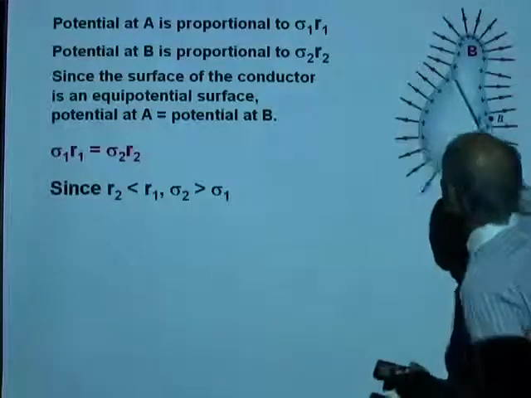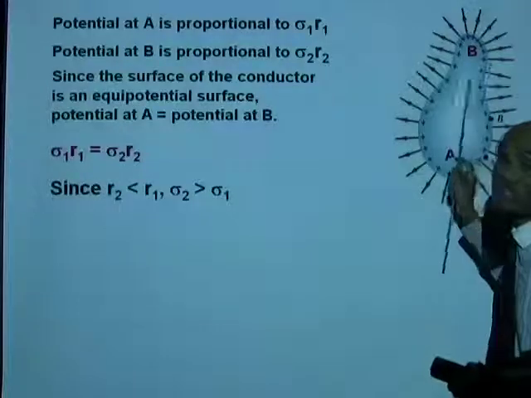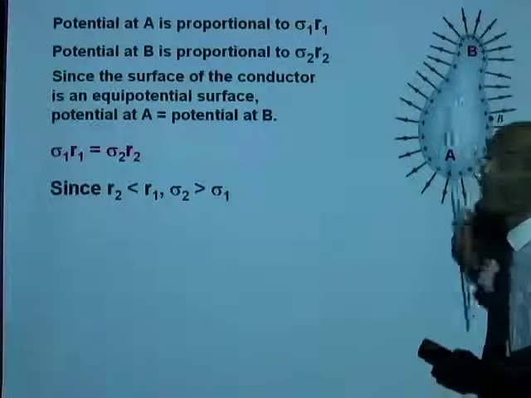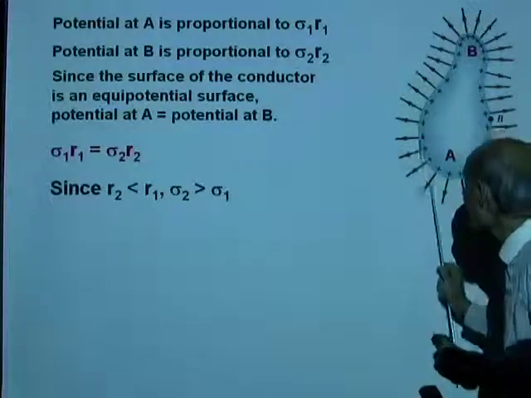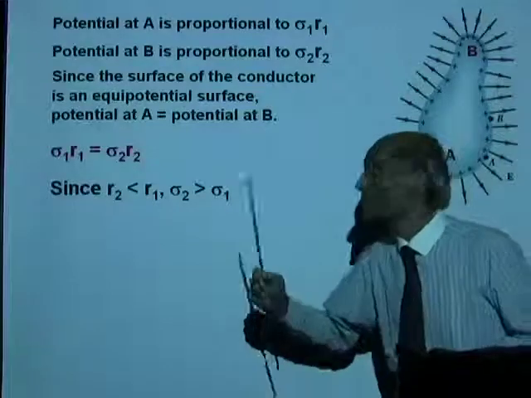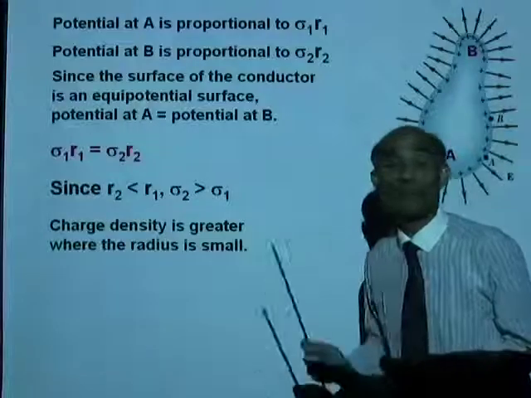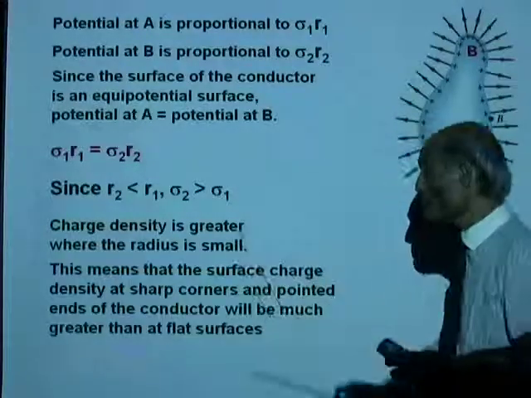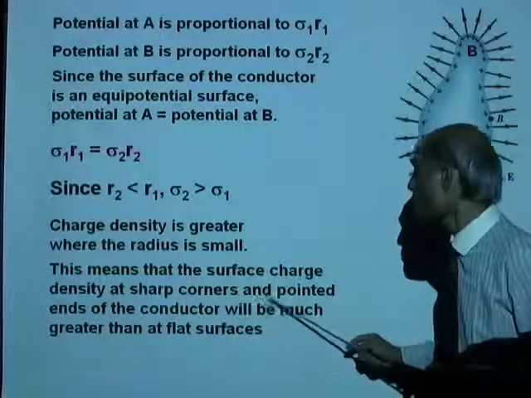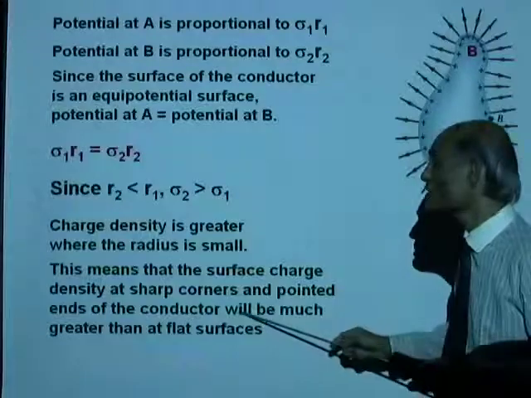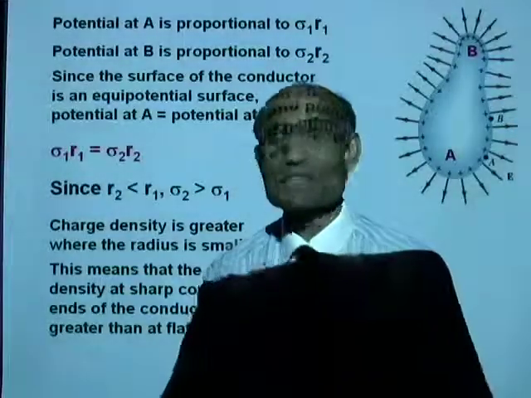That means if the shape of a conductor is like this, the charge density is going to be greater where the radius is smaller. The charge density is less where the radius is bigger. So, charge density is greater where the radius is small. This means that the surface charge density at sharp corners and pointed ends in the conductor is much greater than at other parts of the surface.